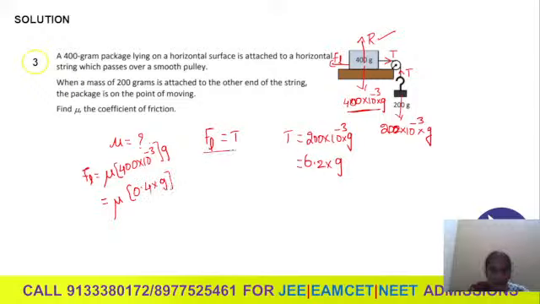So mu into 0.4 into g is equal to 0.2 into g, where g is acceleration due to gravity. We can cancel g. Then mu is equal to 0.2 by 0.4, which is equal to 1 by 2.